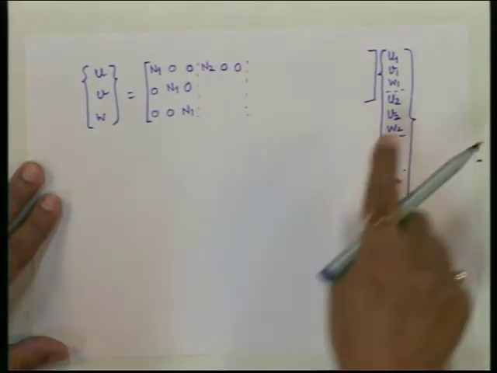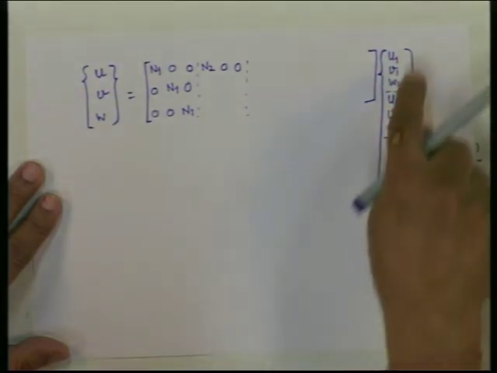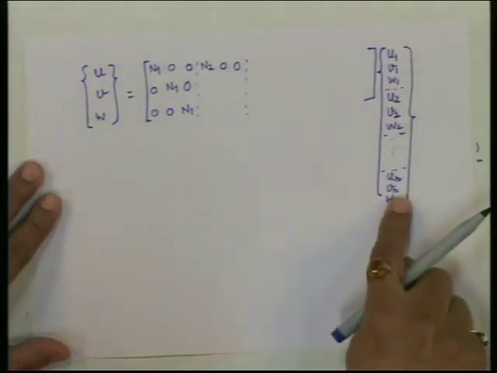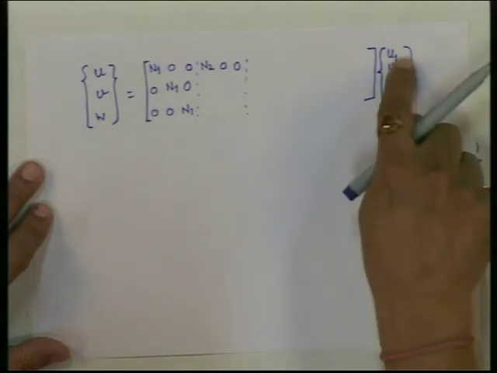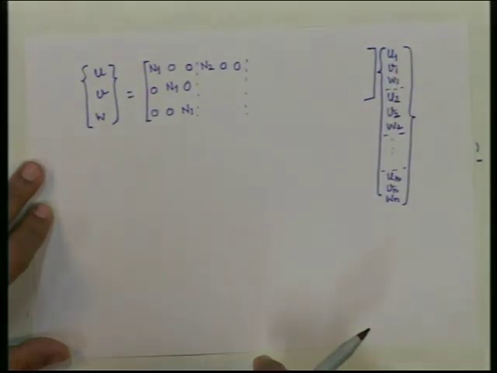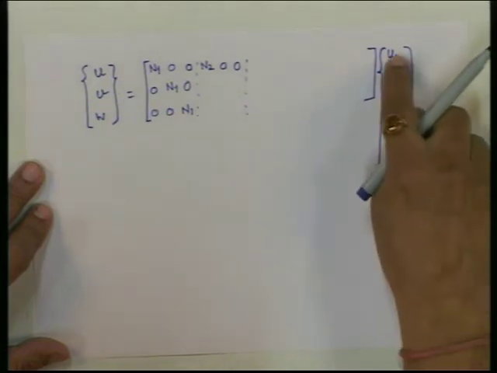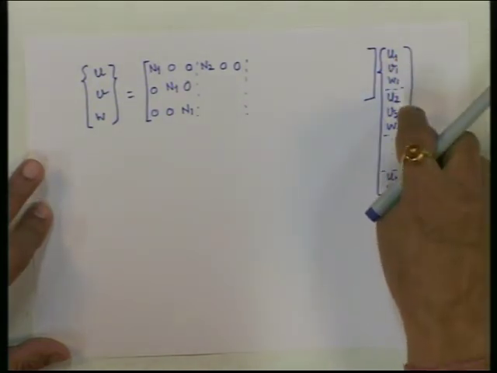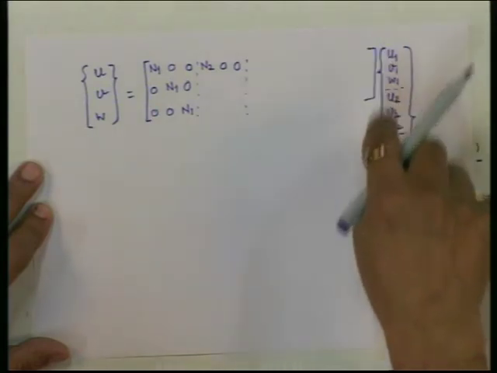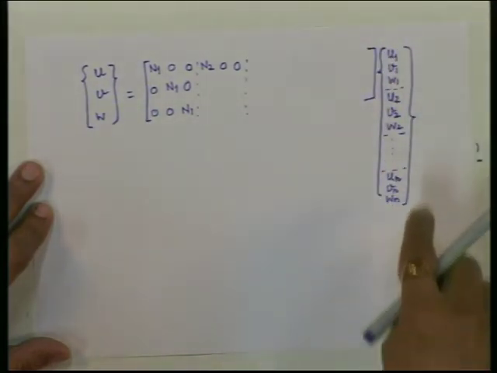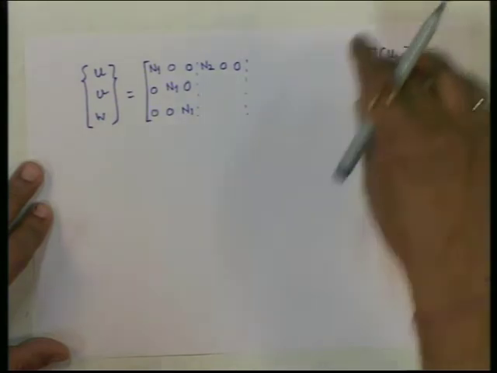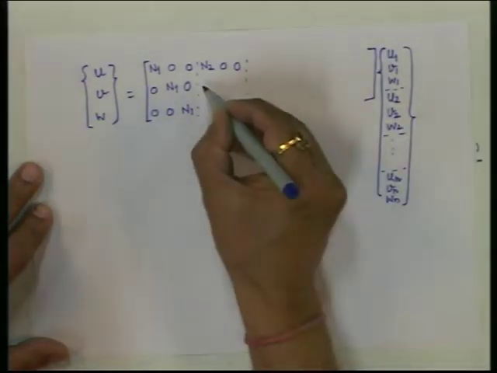Please see, it all depends upon how you arrange your nodal displacement vector here. Some people like to call it u1, u2, u3 first, all u's first, then all v's second, then w, but the nodal-wise way is a better way of writing.